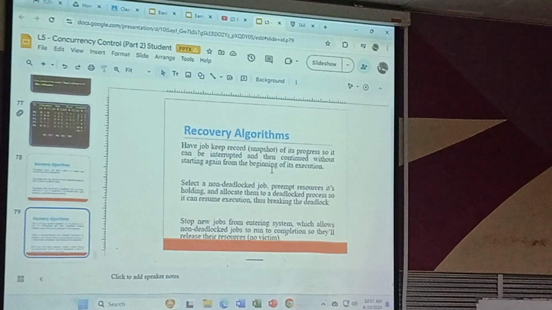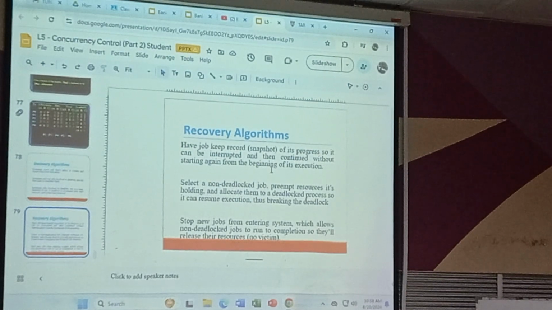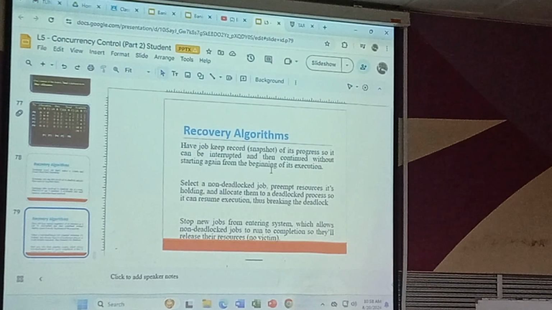You must make sure that you can roll back, meaning that whatever job has been done, whatever database or data has been changed, you can roll back to the initial state before it was changed. So these two requirements are needed. First, you can restart the program. Second, you can roll back your data to the initial state before it gets changed. Now that is the recovery algorithm.